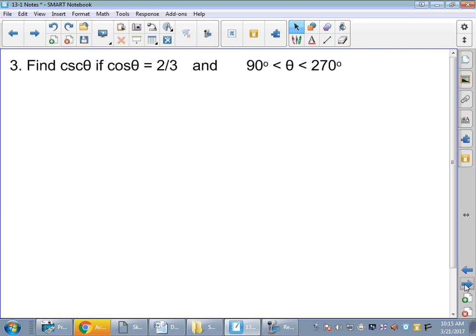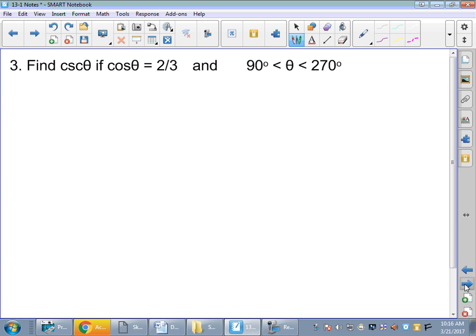All right. For cosecant and cosine, there is no direct relationship. I go through all of the trig functions, and I realize there is no direct relationship. So then we have to look at their buddies. If I can find a relationship with their buddies, then I can find the buddy, and then I can find the other number.